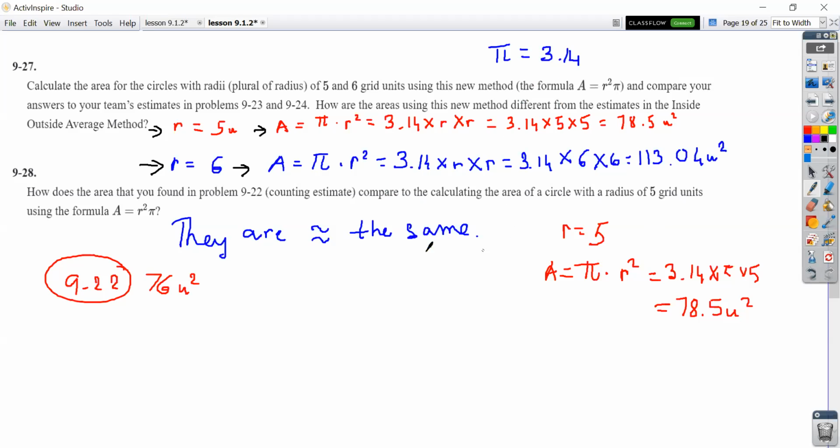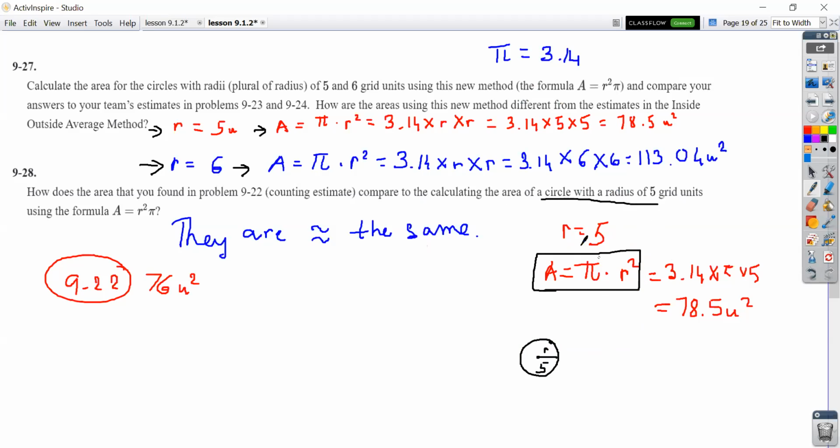All right, 9-28. Using the formula A equals pi times radius squared to find the area of the circle with a radius of 5. So if you have a circle, radius from the center to the circle, radius is 5 units. What is the area of this circle?